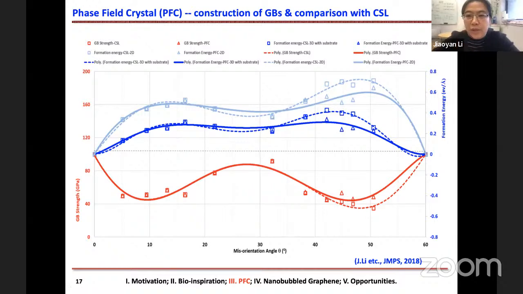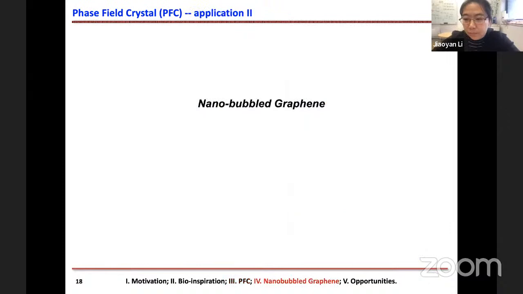From here we can see the triangle represents the energy of the grain boundary constructed by the phase field crystal model. Therefore, we can claim the grain boundary structure constructed by PFC gives us a more energy favorable formation, which is more realistic than the CSL formation.